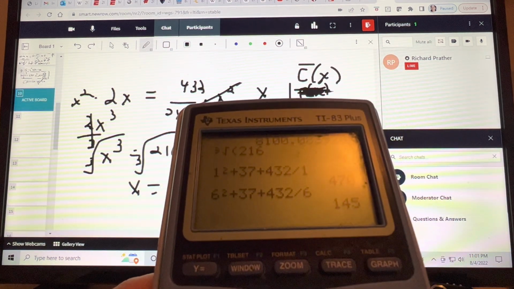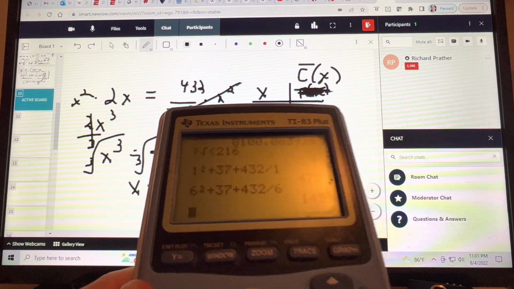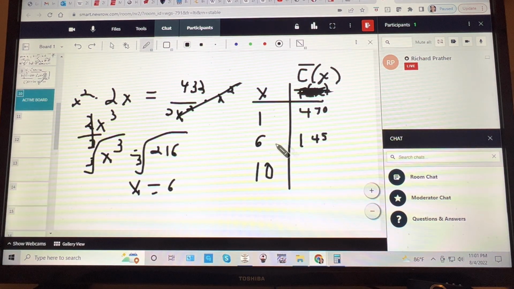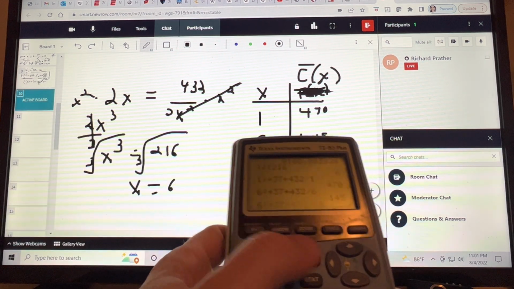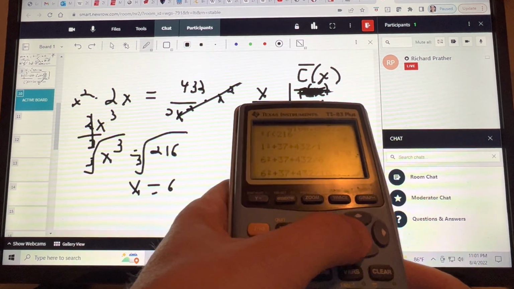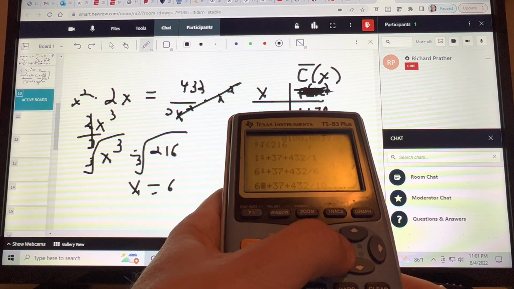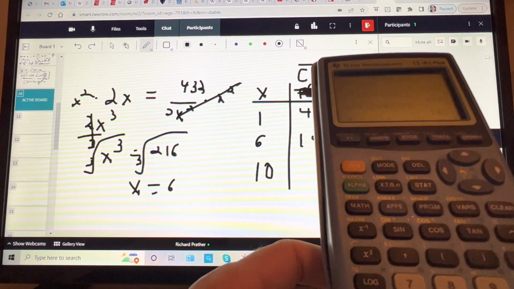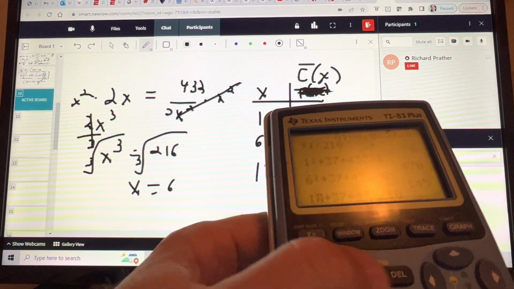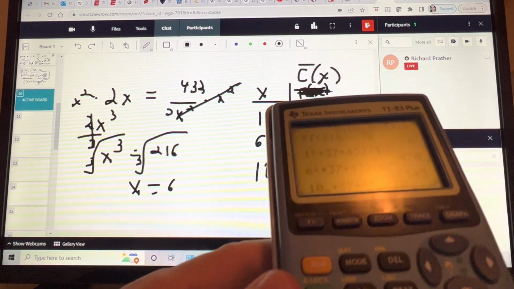That's only 145. So it's possible that could be the minimum. But if this one's smaller than 145, then this one will be the minimum. So put a 10 where the 6s are. Over the 6, I can type the 1 from the 10, but then I'm going to need to insert a 0 to slide everything over.